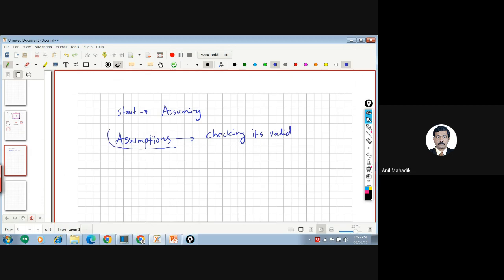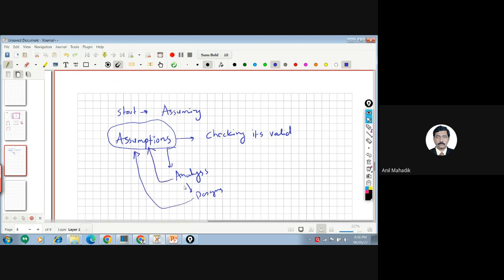So totally, structural engineering is based on assumptions, and we analyze the assumptions. We are designing on the basis of assumptions, and every time we are verifying whether our assumptions are in line with the total life cycle of the project.